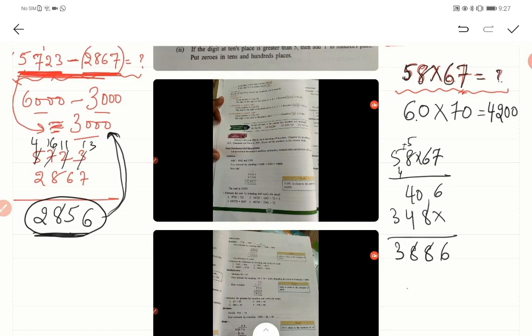See, so you've got 3886. It is nearest to this value.